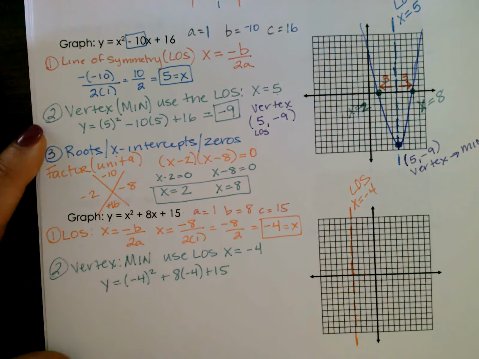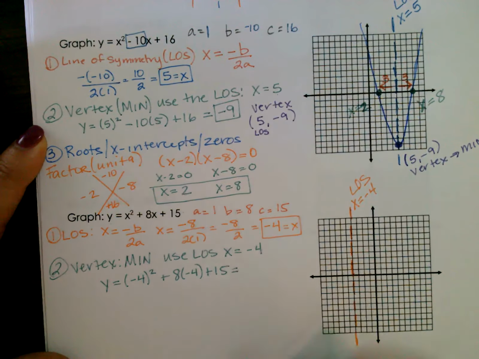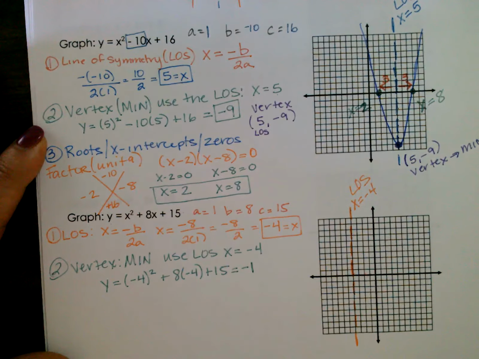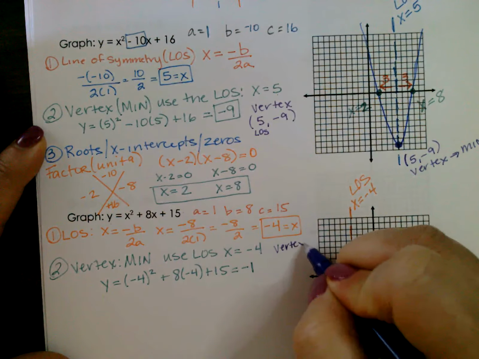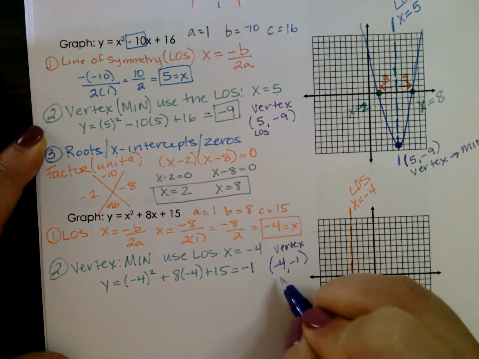Be careful with squaring a negative. Make sure your calculator does not lie and tell you negative 16 when it is positive 16. When I am done doing that, I get negative 1. Therefore, my vertex is the ordered pair negative 4, negative 1.